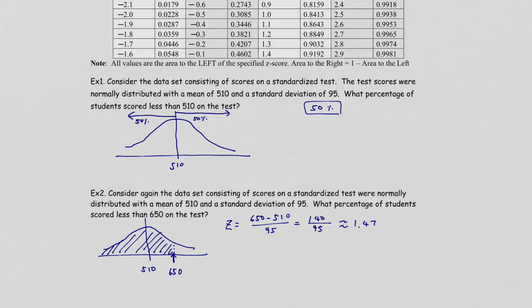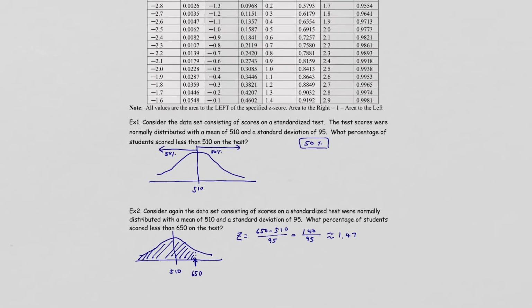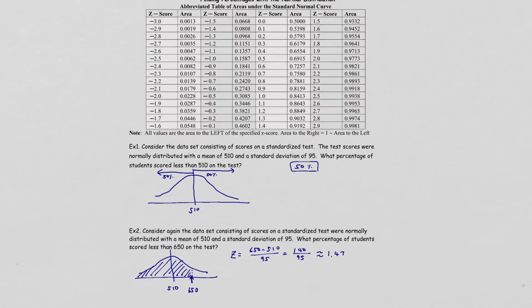When you're looking at this table, I'm going to make it smaller so you can see the table at the same time. The given table is just 1 decimal place. So I'm going to round this to 1 decimal, which will give you 1.5.